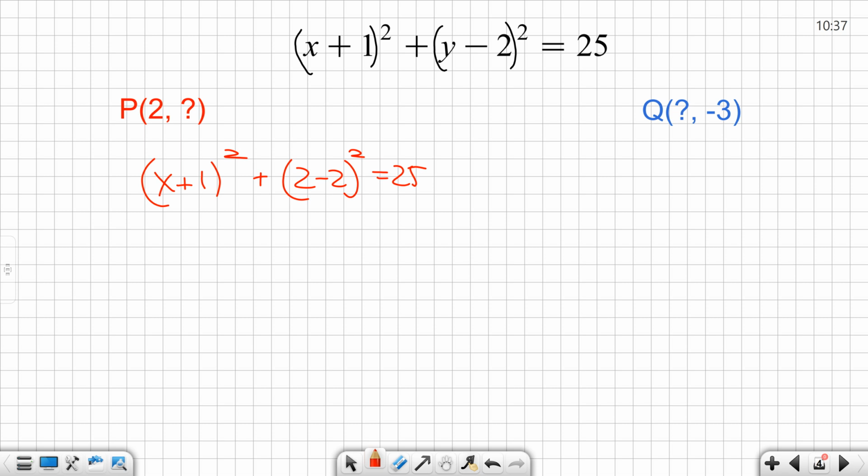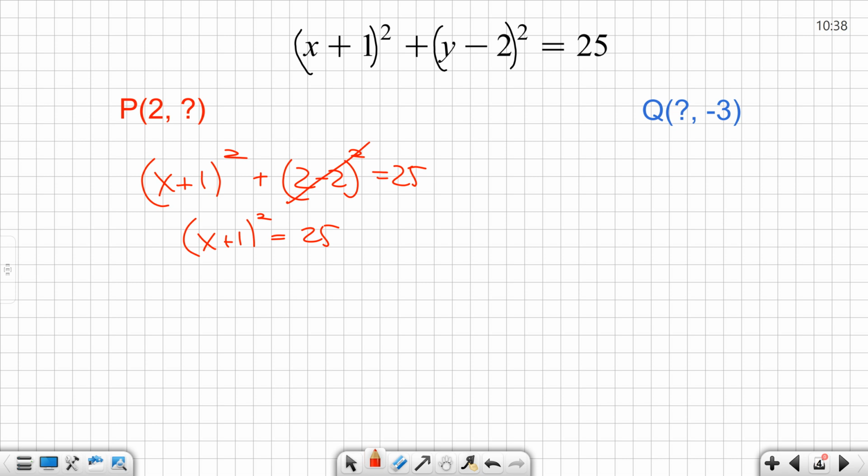For the first time through, I purposely picked a nice number. It's a nice number because this second term will disappear. Two ways to solve that problem. You've done it in the past, so you could take the square root of both sides, or you could multiply out the left side.